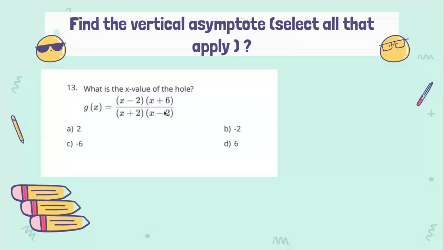And these two factors will cancel each other because they have the same signs. Since they are canceling each other, we need to solve for x to find the hole. So I set the bracket equal to 0 and got the answer x equals 2. That means that this is the hole, and the answer is A, 2.